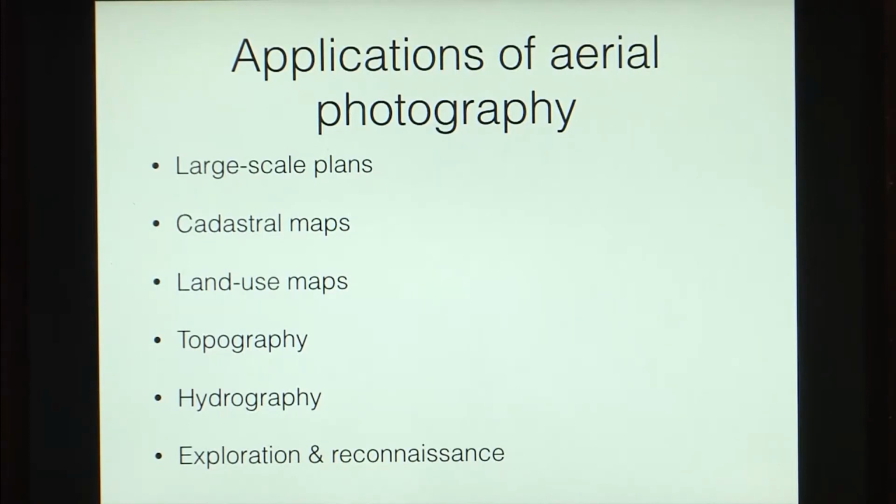You can also use it to make cadastral maps in which you show a small area at a larger scale. You can also use it to prepare land use maps, which tell us how each parcel of land is being used. You can get topography, which tells us the elevation and the position of various objects on the ground. It can be used in the study of hydrography and also for exploration and reconnaissance missions.